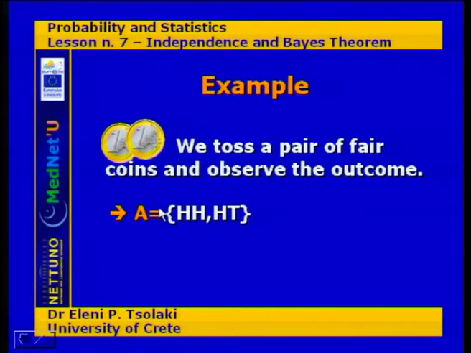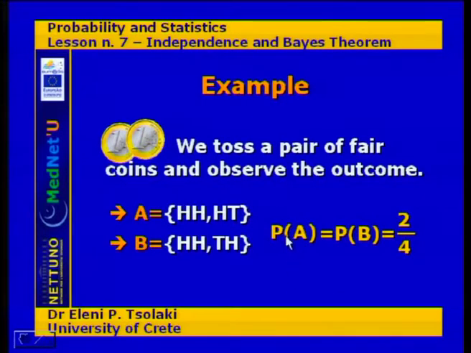Let's go back now to our example. So we have event A, which will be head-head and head-tail. Event B, which is head-head and tail-head. And we calculate the probability of A, knowing that the sample space consists of 4 elements.